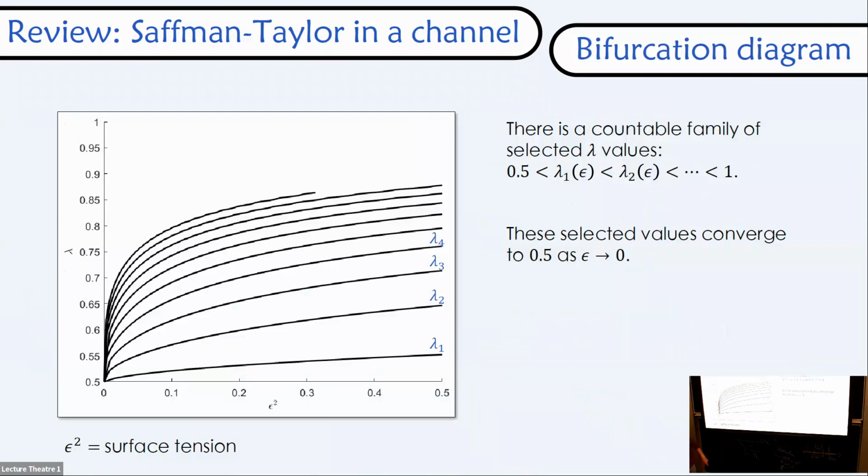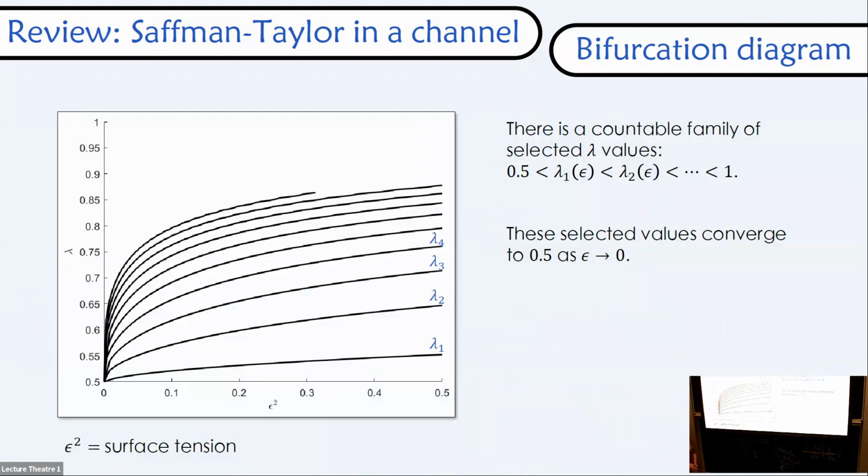Here, just to complete this initial review of the problem before I move on to the new stuff, I've plotted all the selected lambda values. I plotted some of the first branches, and these continue up towards 1, if you can use your imagination there.